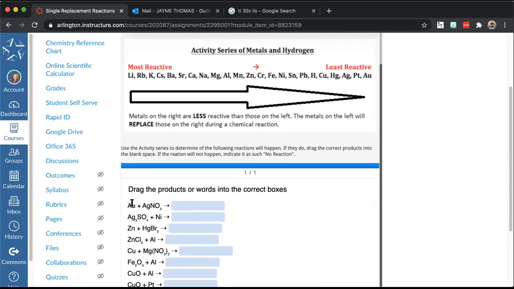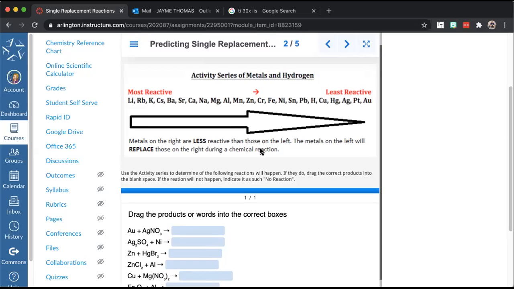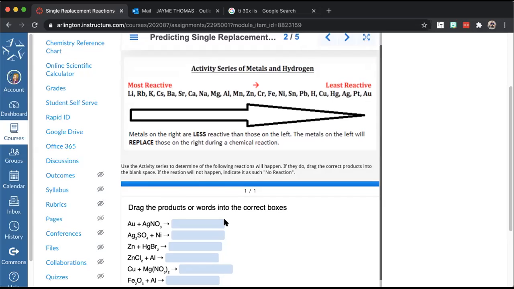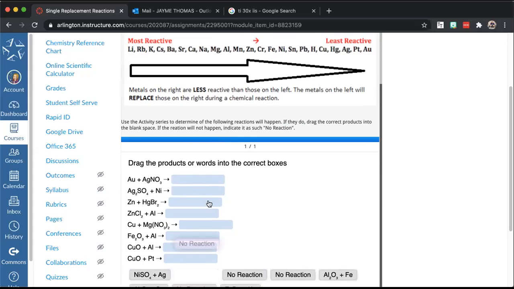My mind should go, okay, Au, is that a metal or a non-metal? Au is gold. That is a metal. So it's going to try to replace the metal in the compound, which is Ag, silver. I would look at my activity series. Up here, it's this horizontal one. Au, gold, is the least reactive, so it's lower than silver. Silver is a little bit higher. So for this one, I would drag a no reaction.